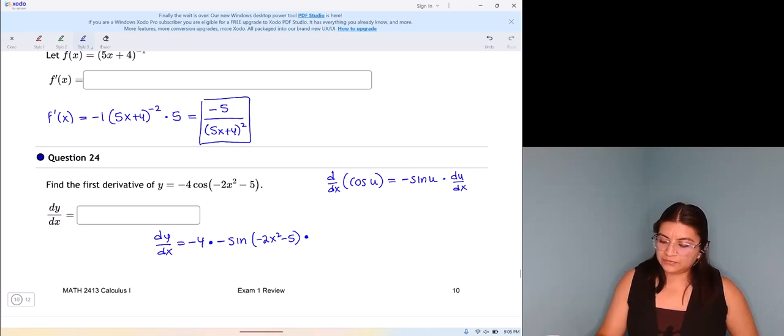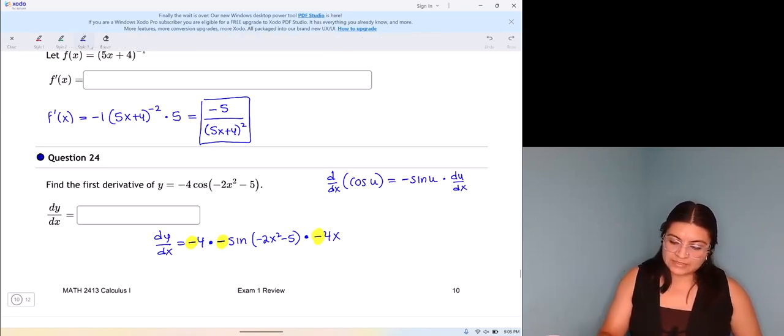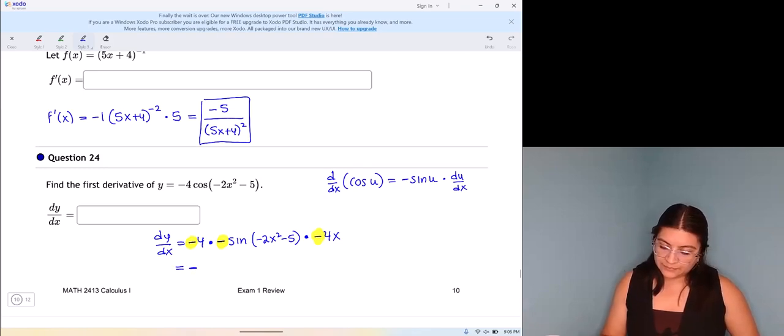And the derivative of -2x squared minus 5 is -4x. All of this has been multiplied. So you have a negative times a negative times a negative. Negative times negative is positive. Positive times a negative is negative. So all of those negatives become a single negative. Then you multiply the constants. The 4 and the 4x become 16x, sine of the argument.